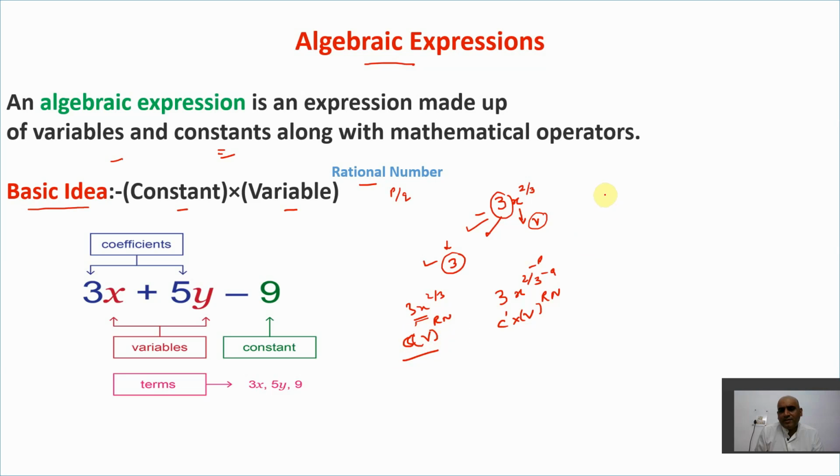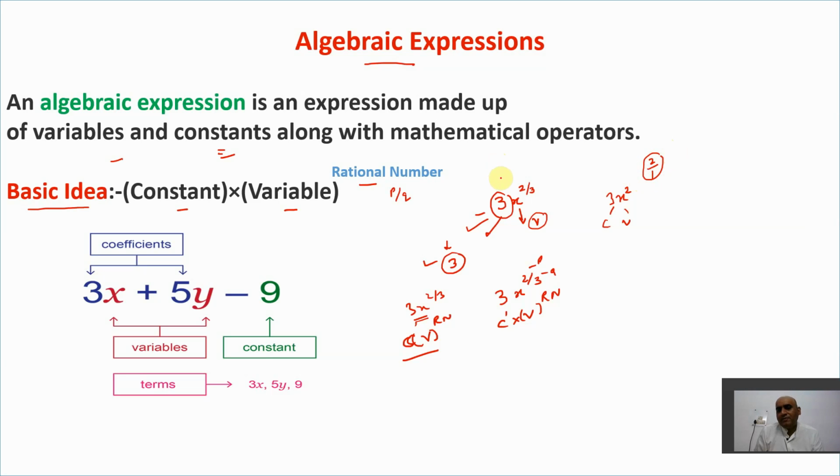Now, what about this? If I say 3x to the power 2, this is also an algebraic expression. Why? Again, 3 is a constant, x is a variable, to the power 2. Now, we can write 2 as 2 upon 1. That means, again, it takes the form of p by q. So 2 is also an integer, and we know that all integers are rational numbers.